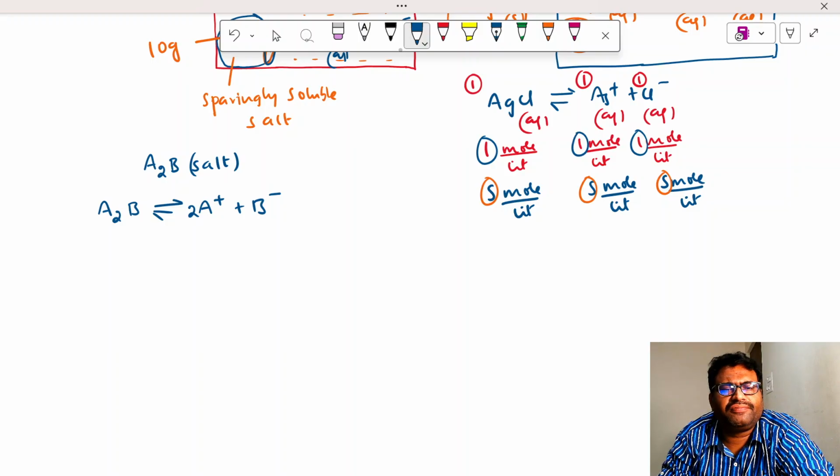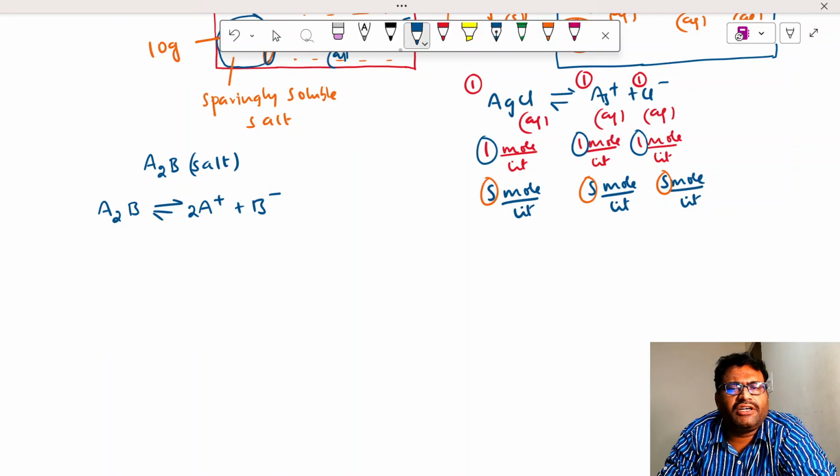Then what can you write? If you look here, 1 mole produces 2 moles and 1 mole. 1 mole per liter produces 2 moles per liter and 1 mole per liter.